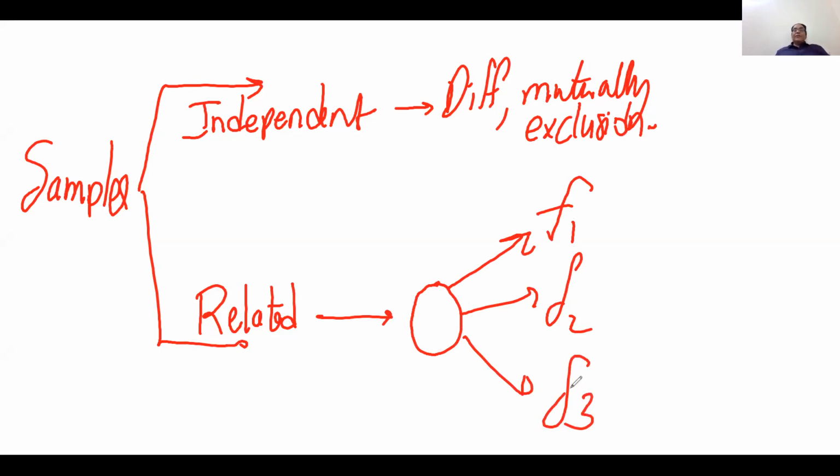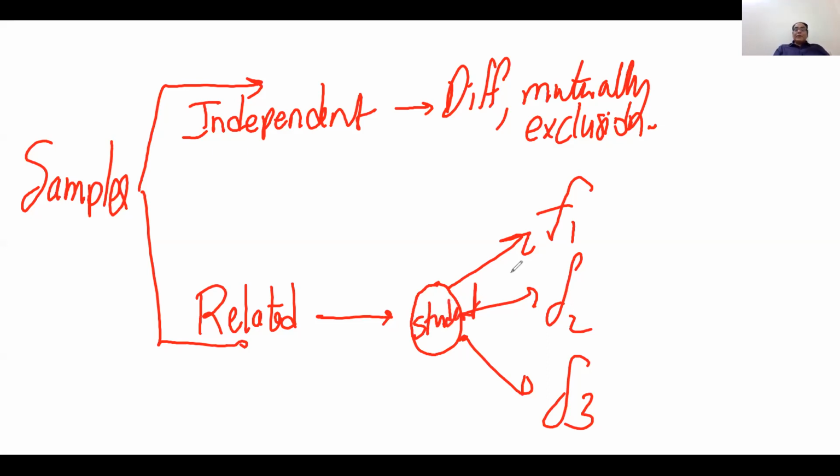So this is the difference between independent samples and related samples. Related sample means the same sample is there. For example, if you are taking the feedback of 5 faculty from the same class, this is called a related sample because the students are the same.